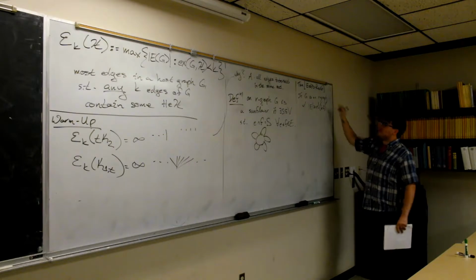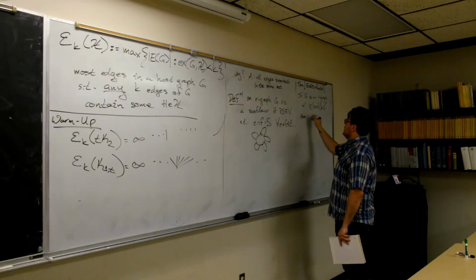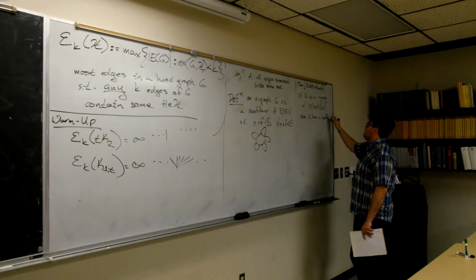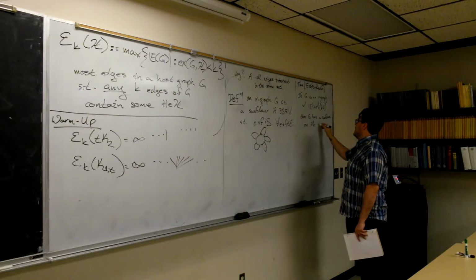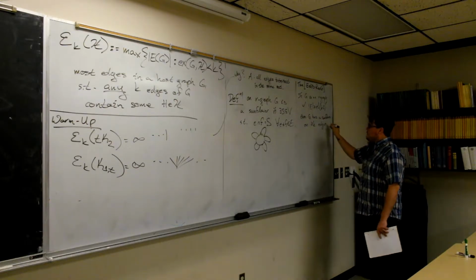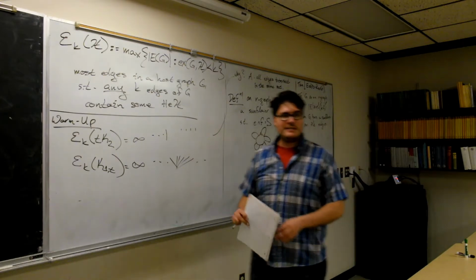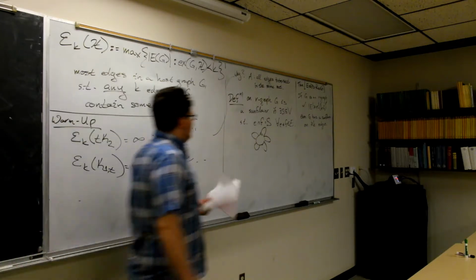Really, there are better bounds, but all I care about is that if you have enough edges, it's true. Then G has a sunflower on at least k edges. So every graph with enough edges must have a very large sunflower inside of it. And this is with this traditional definition as well.